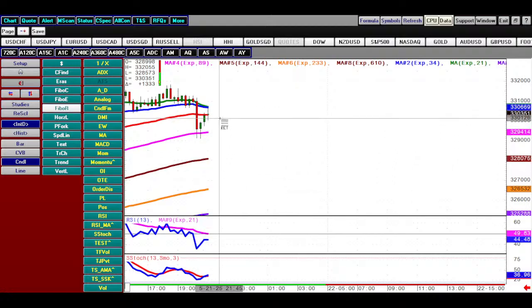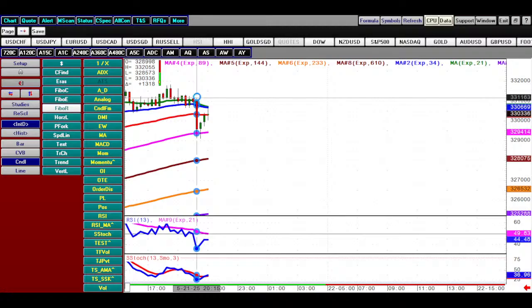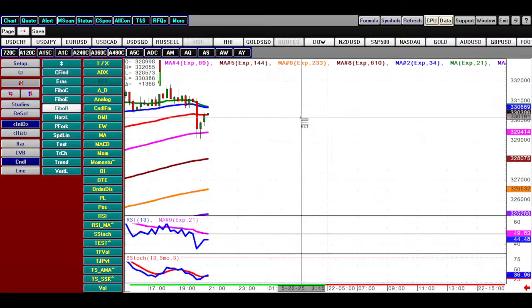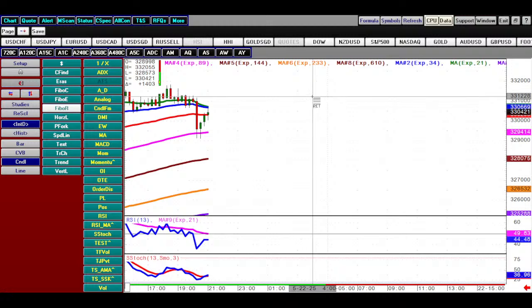So we will try to sell at 3304.05, then 3311.